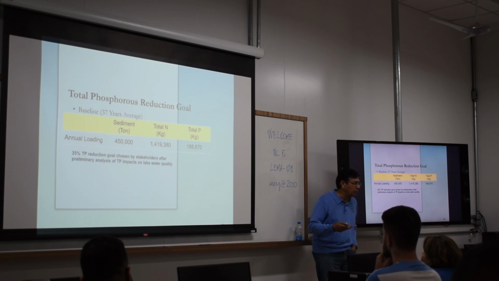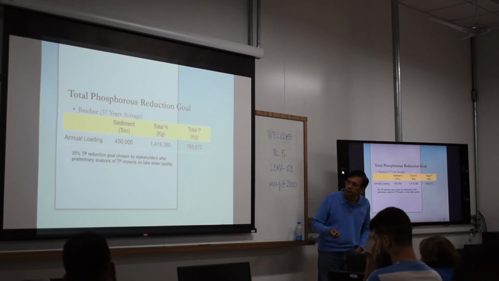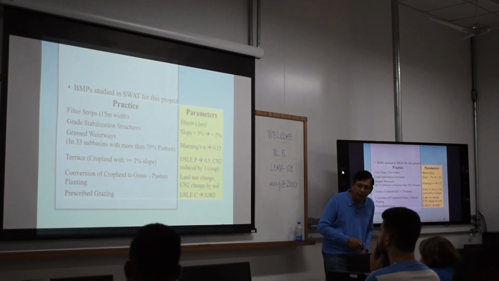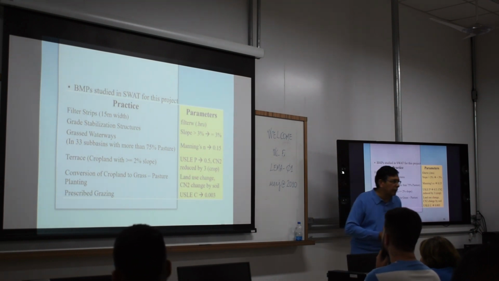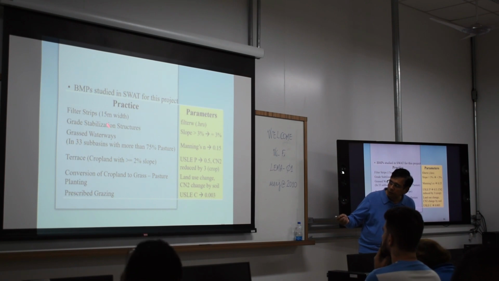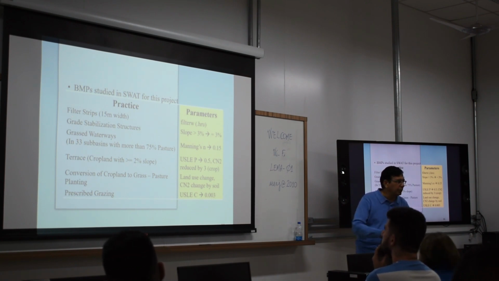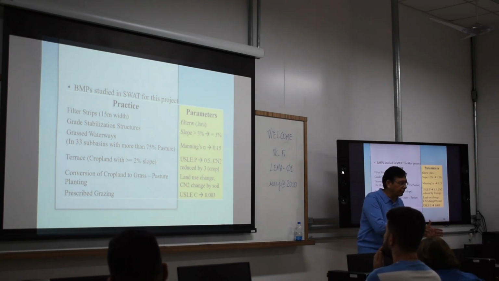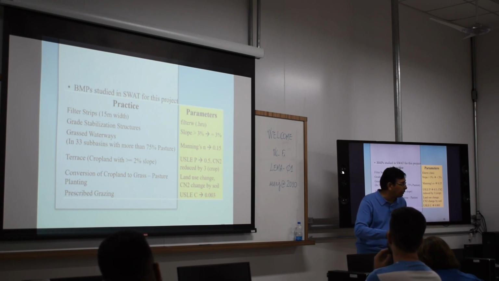How do you go about reducing the phosphorus production? Based on the economic and environmental analysis, we chose practices like filter strips, putting grass next to the agricultural land so that the runoff from agricultural land is stored in the grassland before it goes to the river, for example.